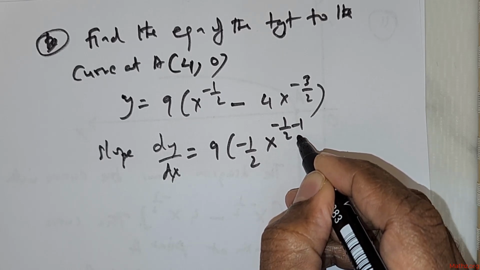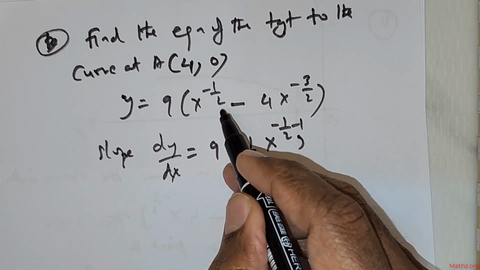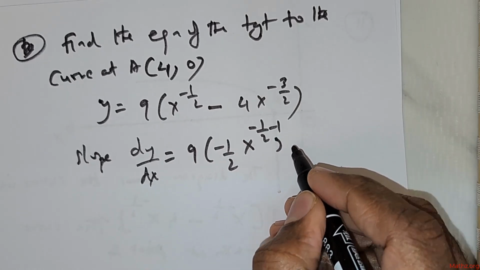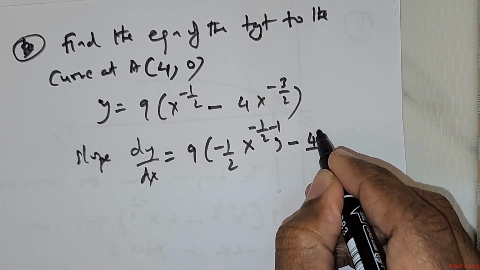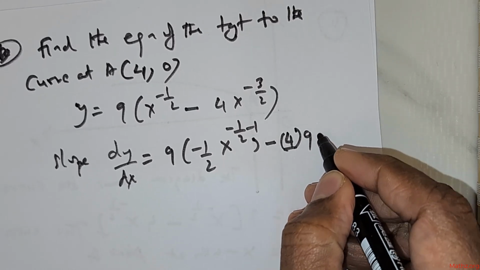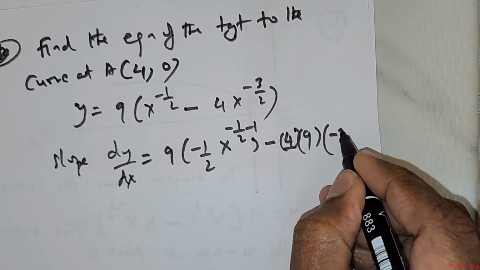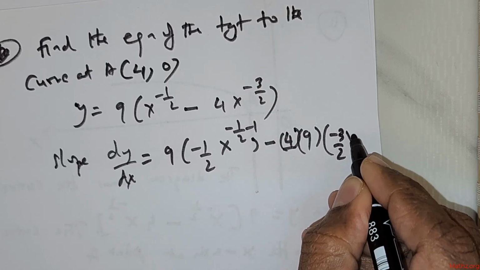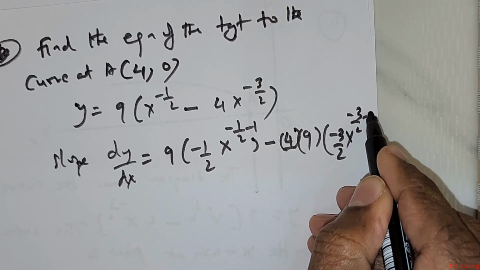That's the first part. Right, you differentiate x raised to the power of negative 1 over 2, followed by negative 4 times 9, that's going to be 36. So let me just place the 9 there. That is multiplied with the differentiation of this, that's going to be negative 3 over 2 times x raised to the power of negative 3 over 2 negative 1.